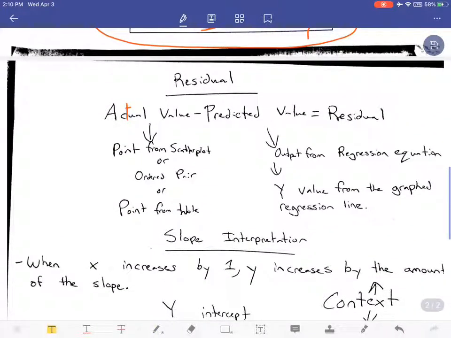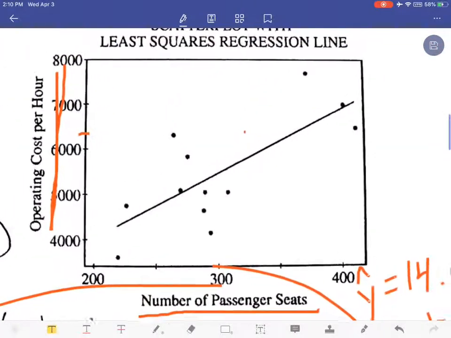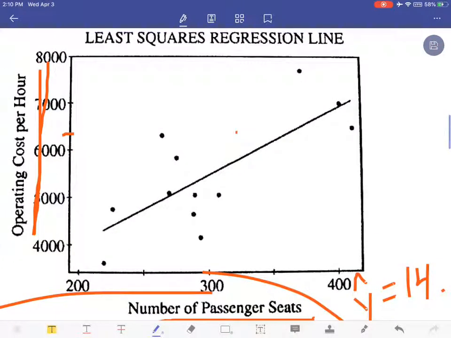So then to get a residual, you just subtract those two different values, what your actual value is minus your predicted value. On the graph, that's going to be the vertical distance between a point and the regression line. So let me zoom in so I can show this to you and erase all this other stuff. All right, so I'm going to zoom in so you can see the graph nice and easily here.